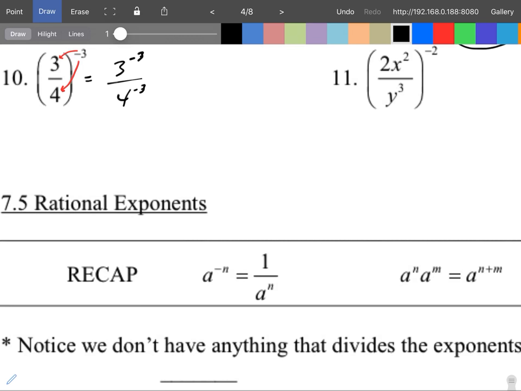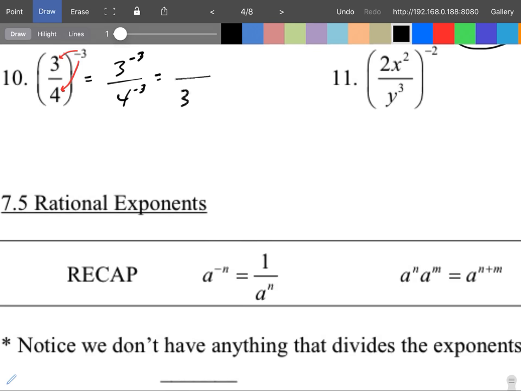Again, you can't have any answers with negative exponents. So what do I got to do? Whenever you see a negative exponent, what do you do? Move them. Yeah, you got to move it.